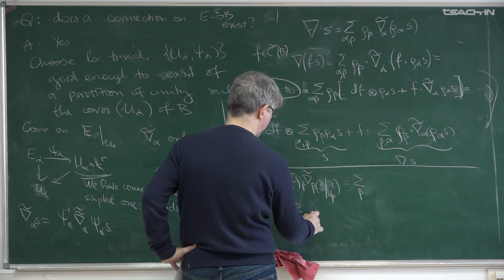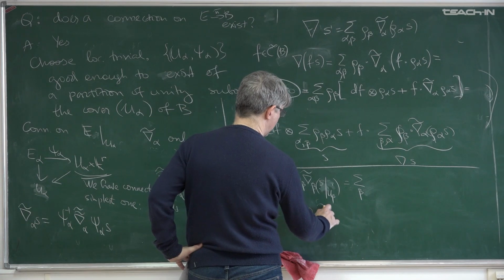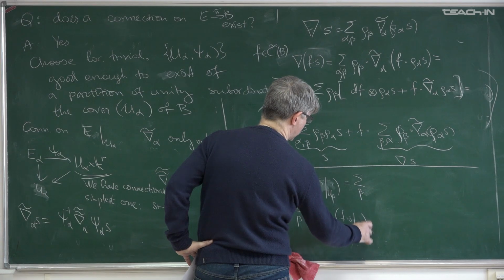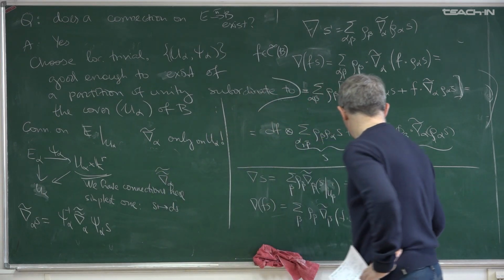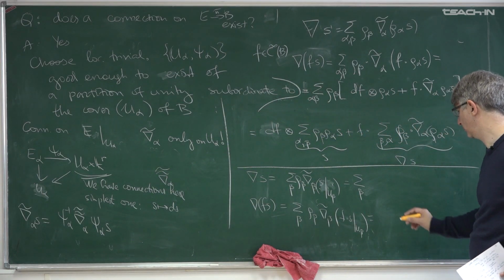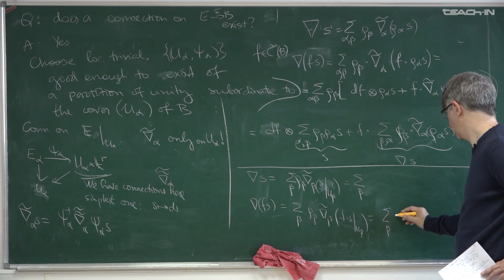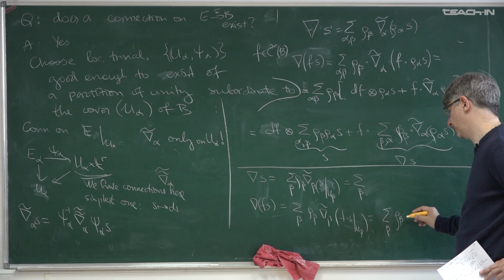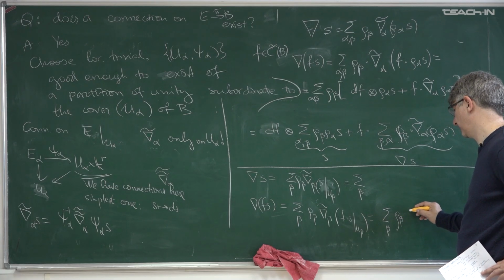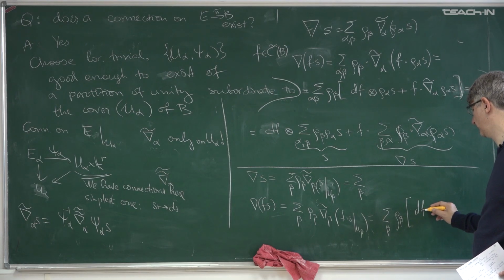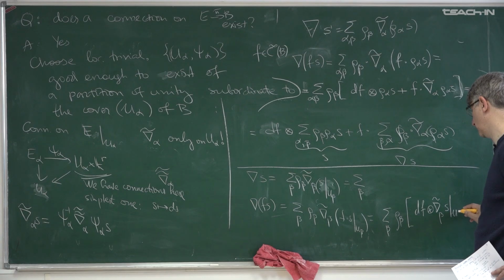We write rho beta tilde beta f s restricted to U beta. Well, what we will see: df, the differential of f, tensor product with nabla beta s restricted to U beta.